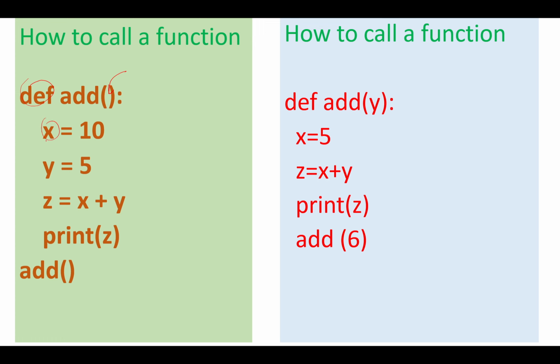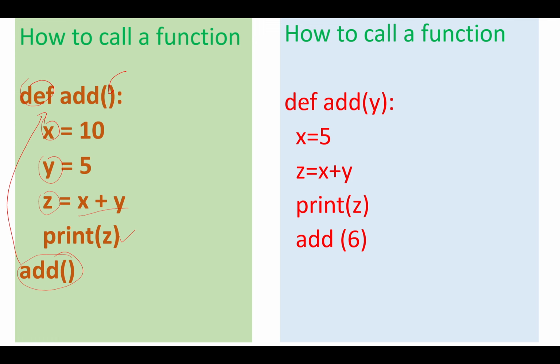One variable name is x, another variable name is y. After that we take one more variable z, in which we add these two, x and y. After adding, we go for the printing process. So add is a function to execute the code within the function. That means from an execution point of view, we are writing this add function.